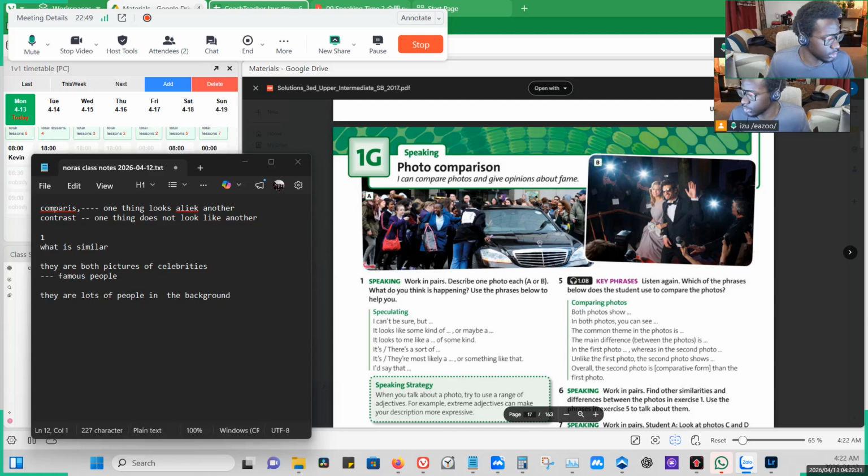It's not a problem. What I was saying was that we're going to use these words to describe what we see in the picture. We're going to work in pairs and describe one photo each and what we think is happening, using these phrases to help us. I'll do the first one.